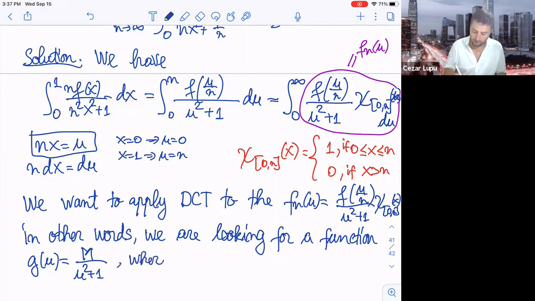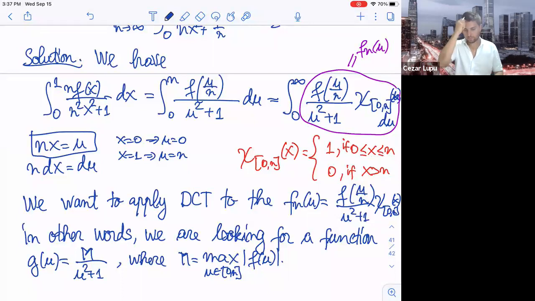Where M is nothing else than just the maximum of f of u. So I have no problems now to apply the Lebesgue dominated convergence theorem, right?